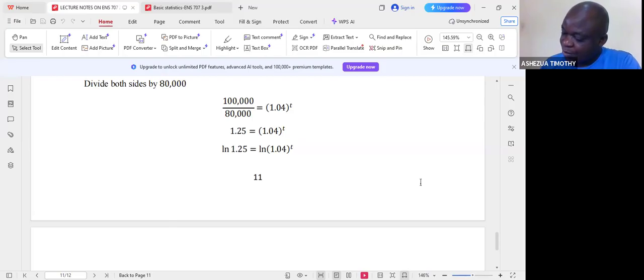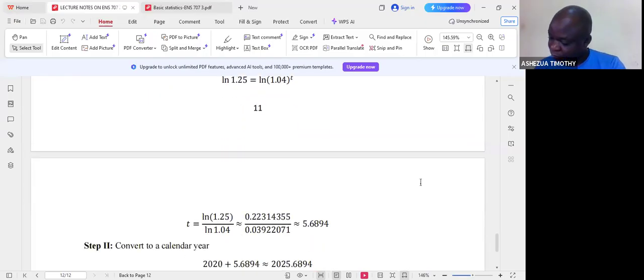So if I divide both sides by log 1.04... now watch. Don't even know whether you can see.